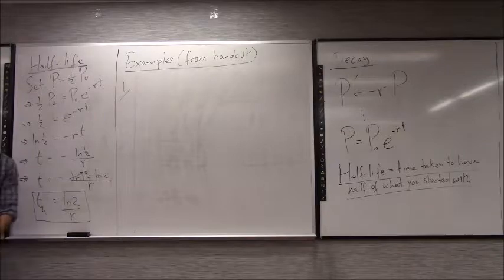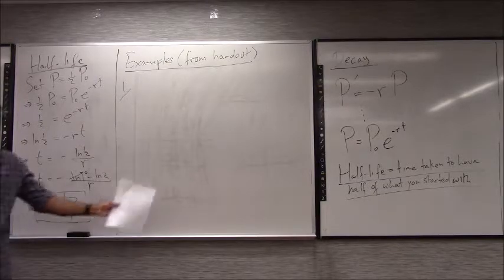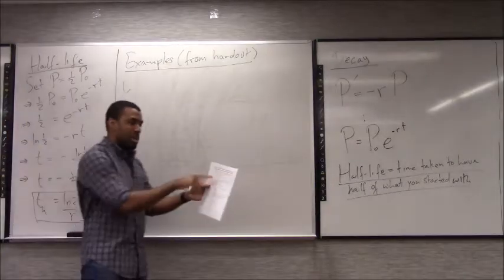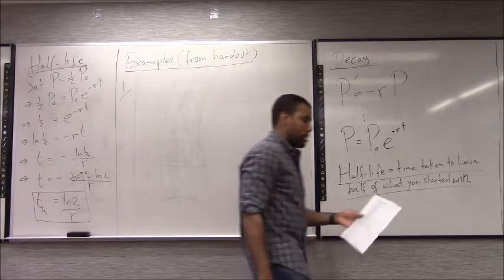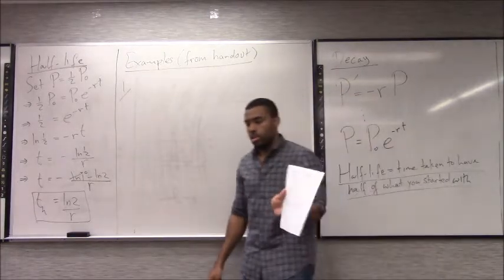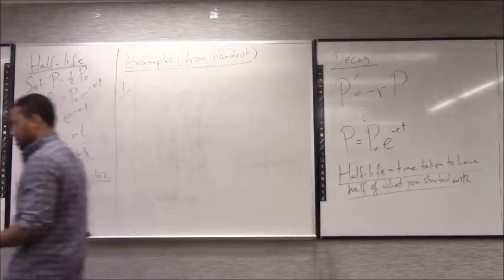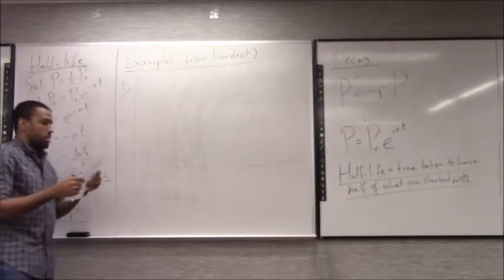In an exam or a quiz or a test, if I ask you a question under this topic, it will be a word problem, so just so you know, it will look like this. Probably not that many parts depending on how long the test is, but this is a typical way that you'll see a question asked.